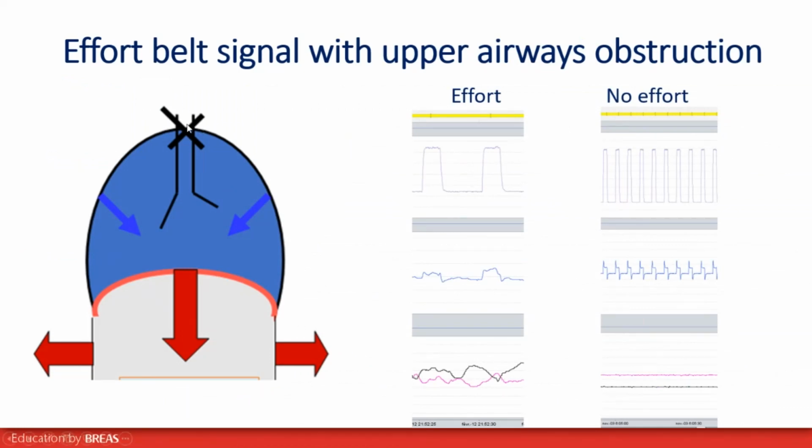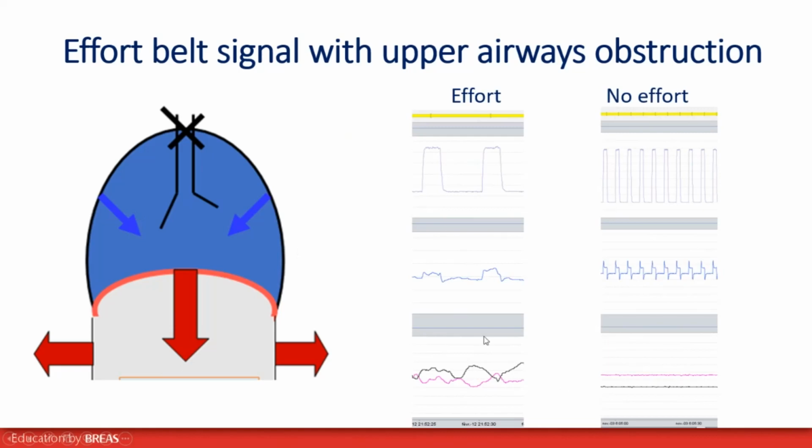Now, what about if the upper airways are obstructed? When we have upper airway obstruction, then if the patient is doing some effort, the diaphragm will go down, so it will increase the size of the abdomen, but now there is no air coming in because of the obstruction, so the size of the thorax will decrease.